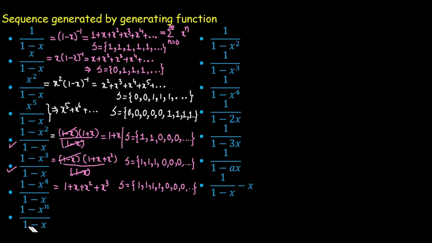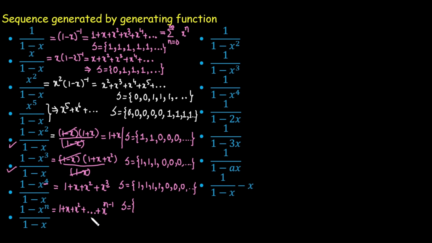Now from here what type of series will you get? So we will get in this case 1 plus x plus x square. Continue this. The last term is always 1 less than this. So here we have n, we can write x raised to power n minus 1. Now the sequence generated by this series: how many ones will you get in this case?